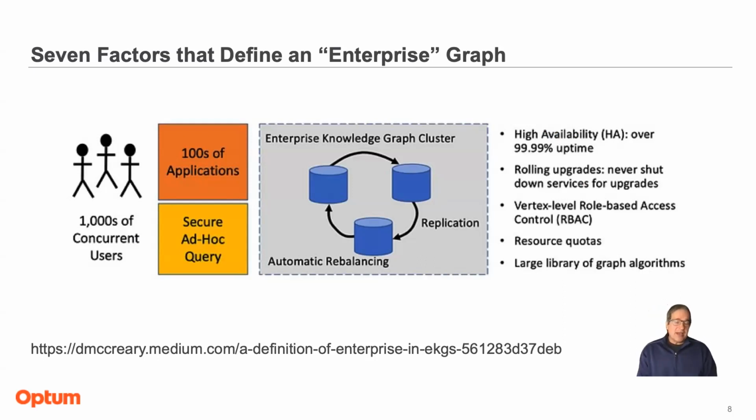We can scale that database, we can grow it, we can add new nodes to the cluster without ever shutting it down. It automatically rebalances. We have high availability, and we have fine-grained control over who can see what data within that thing, as well as this large suite of graph algorithms to do various traversal of those things. So an enterprise graph is a very different thing than a small project graph.